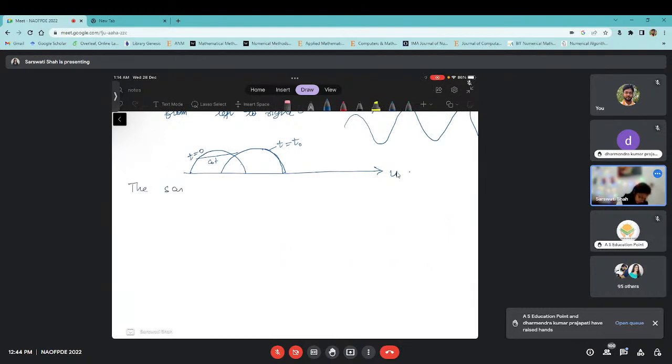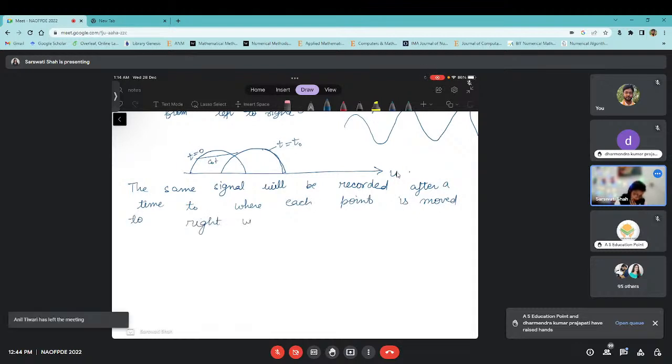The same signal will be recorded after a time t naught, where each point is moved to the right with distance c naught t.